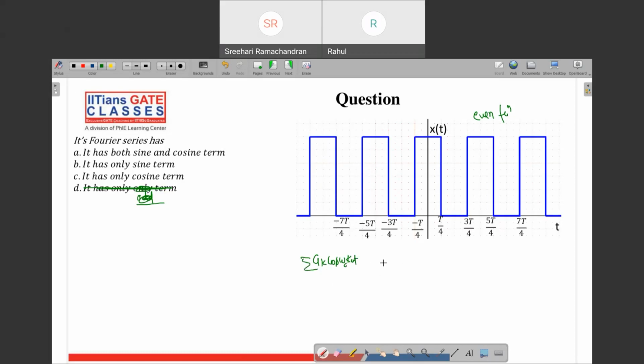It will not have the bk sine k omega naught t term. This term will be 0. Only we will have this term. And because of that, this option is correct, that it will have only the cosine term. It won't have any sine term, and it won't have both sine and cosine terms.